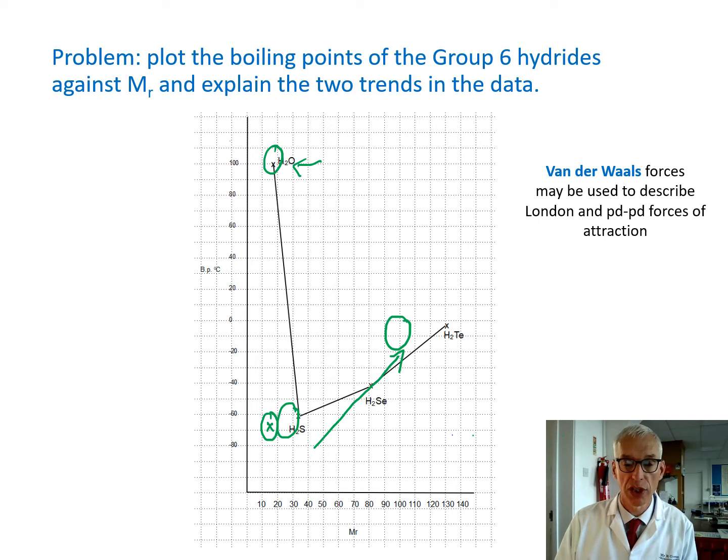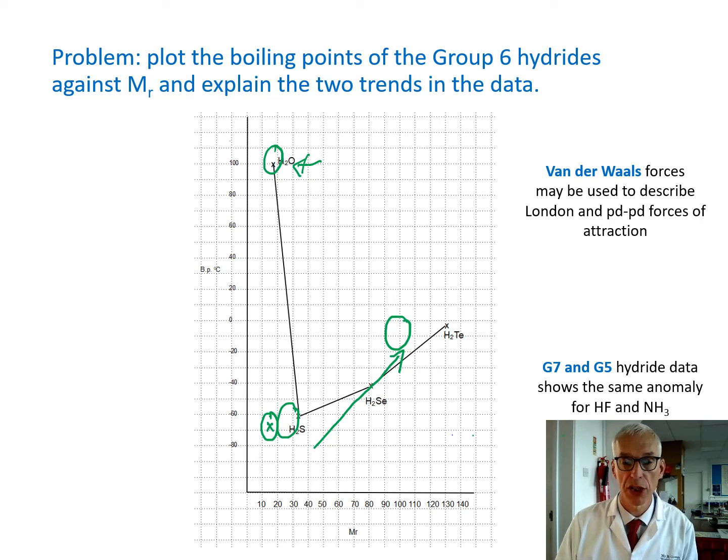So if water just had a normal permanent dipole and London forces situation, we would expect the boiling point to be down at the bottom here, below that of hydrogen sulfide, but in fact it's at the top here at 100, and that is accounted for by the fact that we have got hydrogen bonds present as well as London forces.